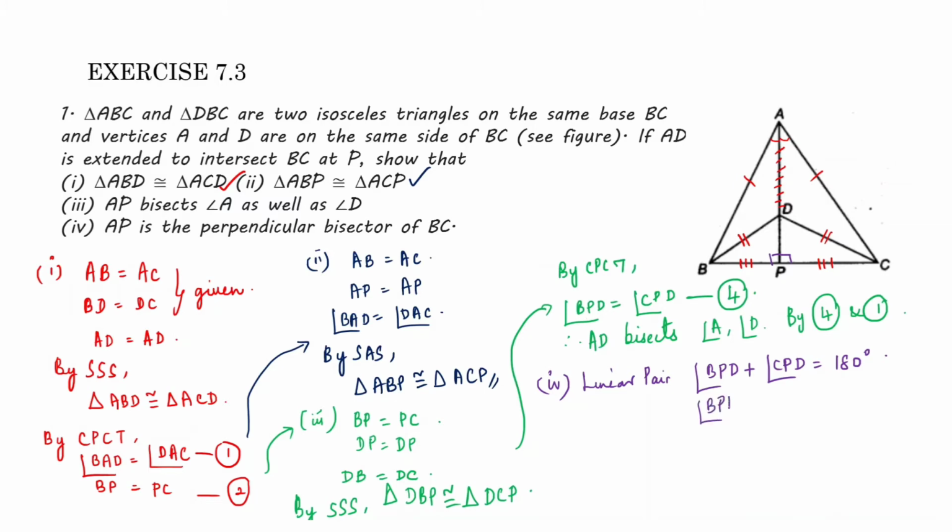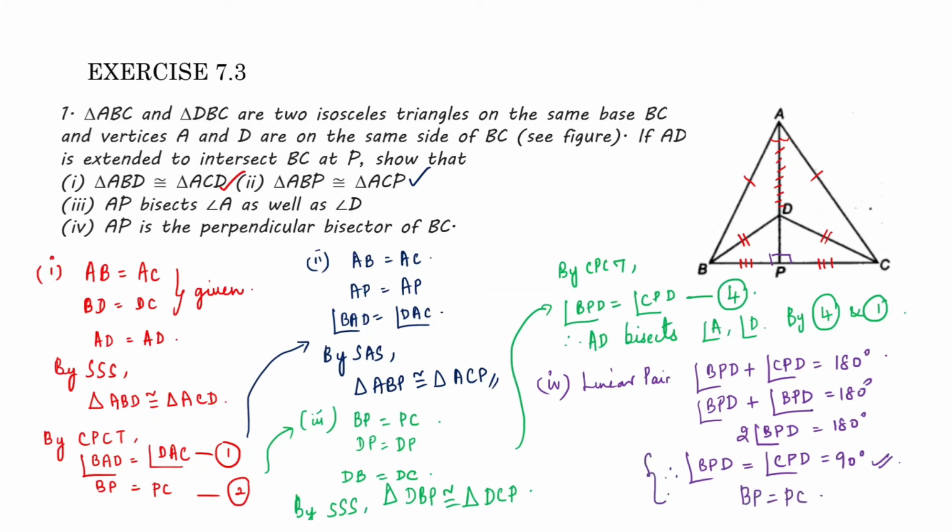So, let's replace angle CPD by angle BPD. So, twice angle BPD is equal to 180 degrees. Thus, we could say angle BPD is equal to angle CPD, which is 90 degrees. Also, we already know that side BP is equal to side PC. Hence, by these two equations, we could say that AP is the perpendicular bisector of BC. Hence, proved.